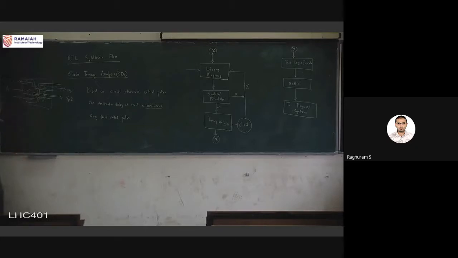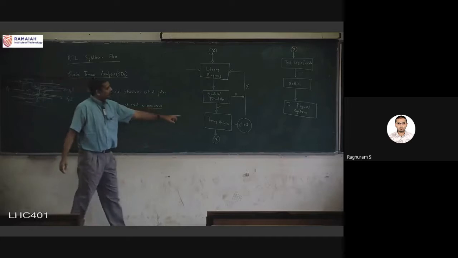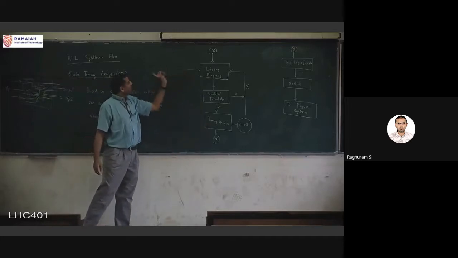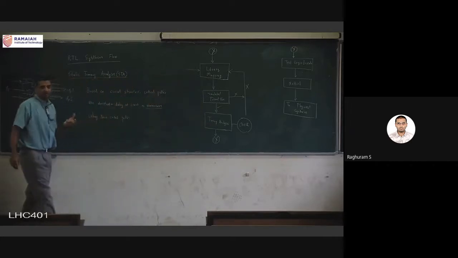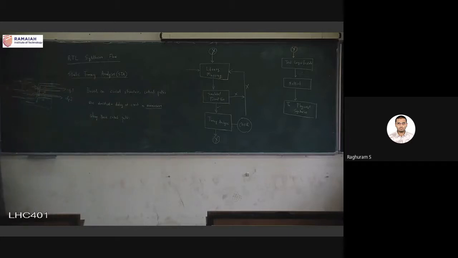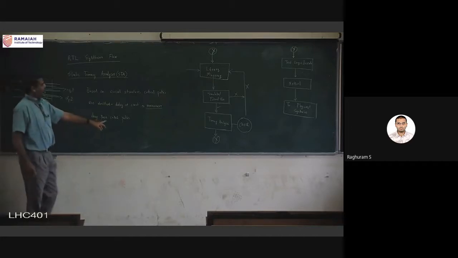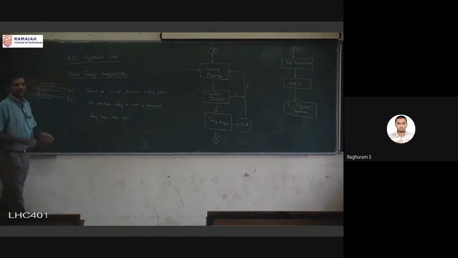It has to see the library information and decide which of these has the maximum delay. It might be this path along the XOR and the AND. That depends on the timing analysis and the library timing information, and based on that it will decide that on one particular path the delay is maximum. That is also called the critical path, and the delay along that critical path is going to be the maximum delay for that particular design.